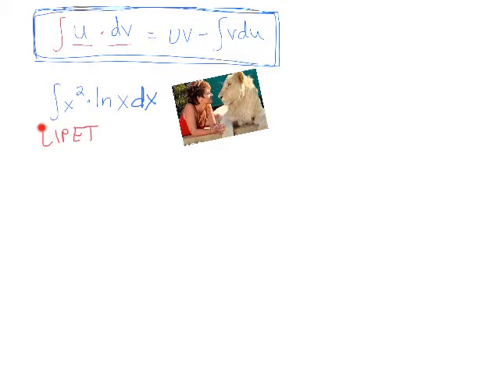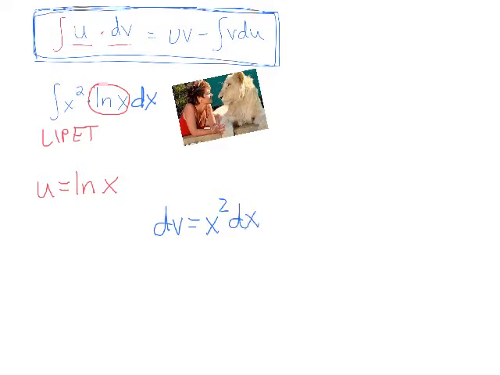Our first one is logarithmic, and lo and behold we have a logarithmic. So we're going to grab the logarithmic first, and we will call that our u, u being ln of x. And then the rest of it we're going to call our dv. So the rest of what we have is x squared dx.